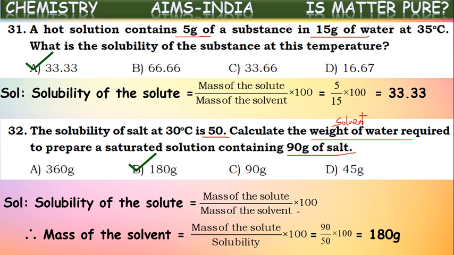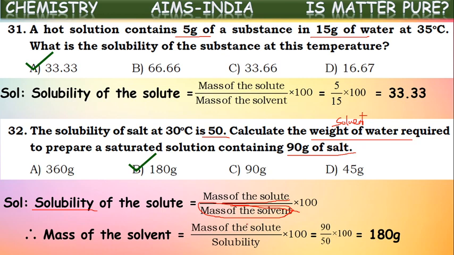Here we need to calculate mass of solvent, because solubility is given in the problem and the mass of solute is also already given. We need to calculate only the mass of solvent. So if we make this the subject, mass of solvent is equal to mass of the solute divided by the solubility, which comes into the denominator.